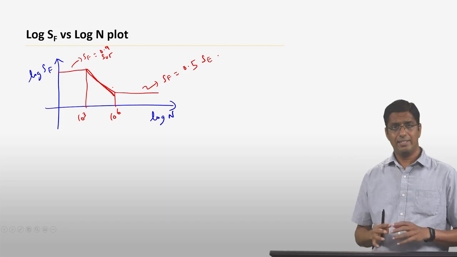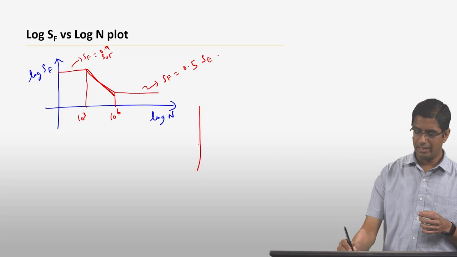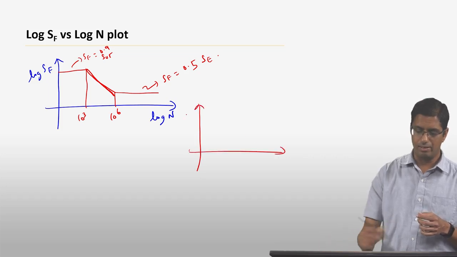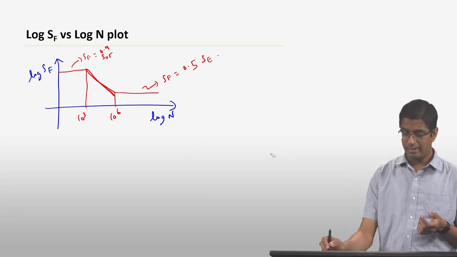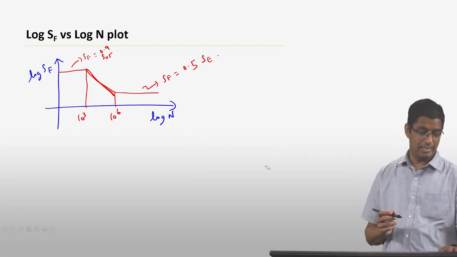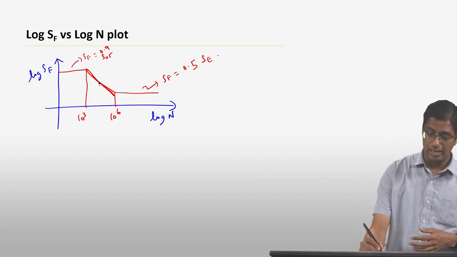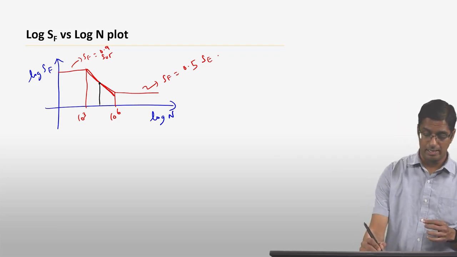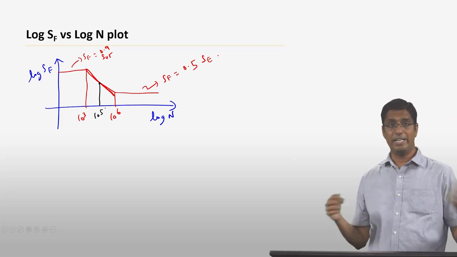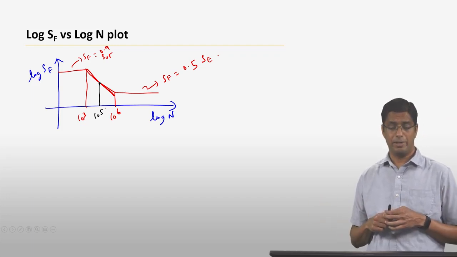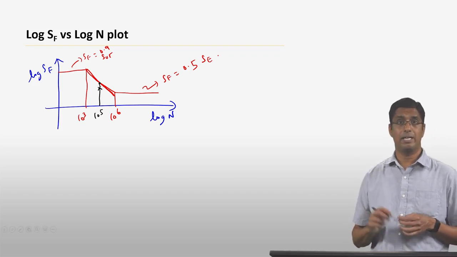The other thing that I want to notice is that I drew this very nice curve saying that if you plot SF versus N or log SF versus log N, you essentially get this very nice straight line. But it is not really a nice straight line. If you look at the actual values that you get from experiments, at say 10 to the 5 cycles, and then you look at 5 different samples, what you'll see is that one sample fails at this stress at 10 to the 5 cycles.